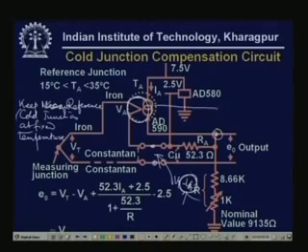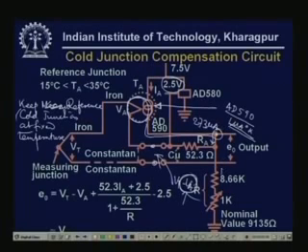We have put a sensor which is called an AD590 sensor. It has a 1 microampere per degree Kelvin sensitivity, so it delivers current of 1 microampere per degree Kelvin. And this is 2.5 volt. So at 0 degree centigrade it is going to put 273 microampere.